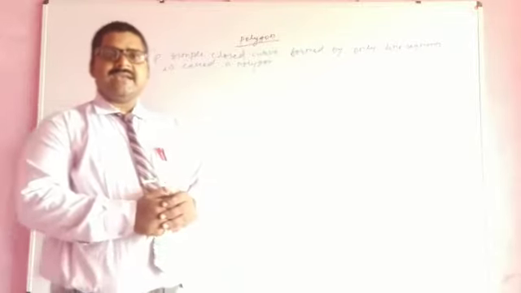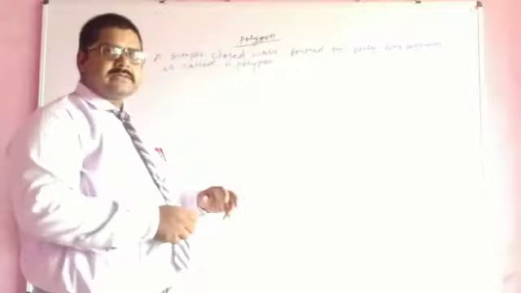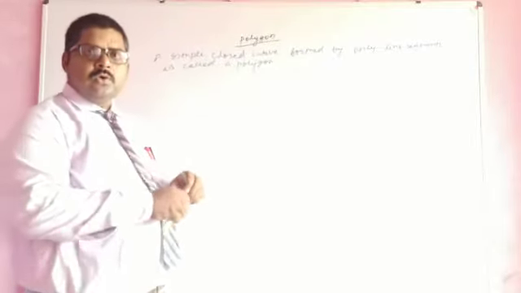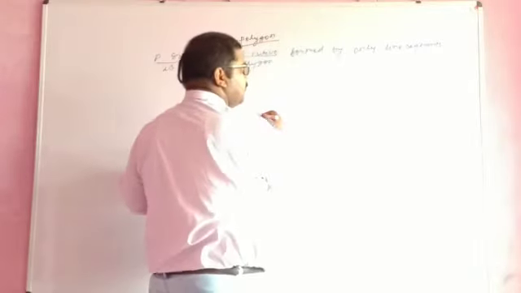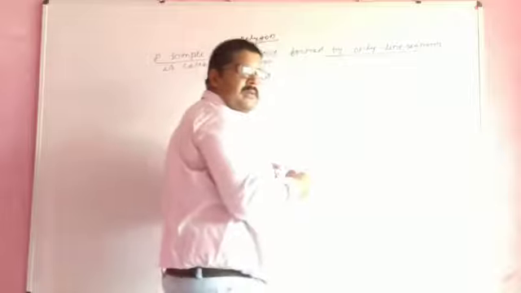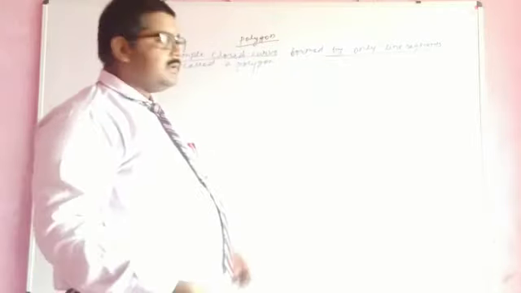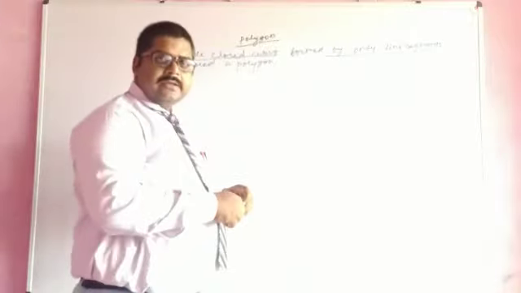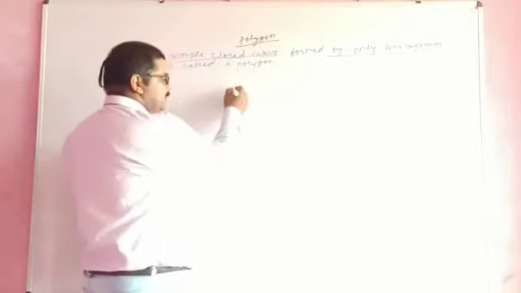And now, very interesting, the polygon. Regarding polygons, you must know that a simple closed curve formed only by line segments is known as a polygon. You can see several figures here.